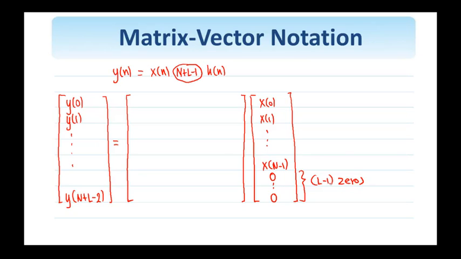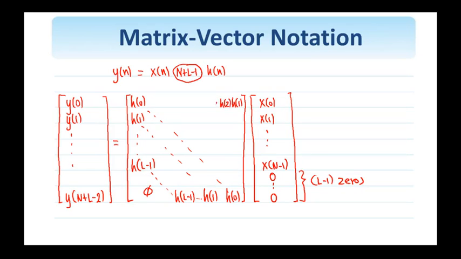If we look at the structure of H here, this matrix, it will have H0 on its main diagonal, H1 on the diagonal below it, all the way to H L minus 1, and 0 here, and then at this corner will be H1, H2, H L minus 1, and I'll have, let's say here, H L minus 1, and 0 everywhere else.